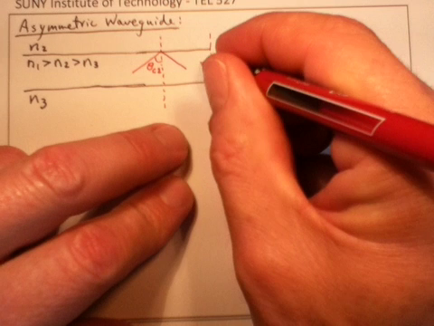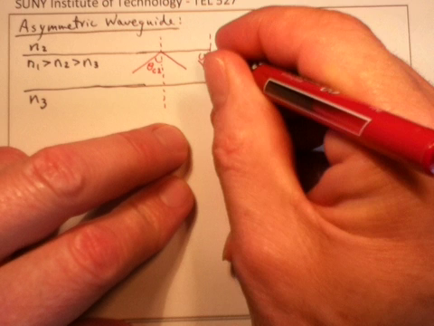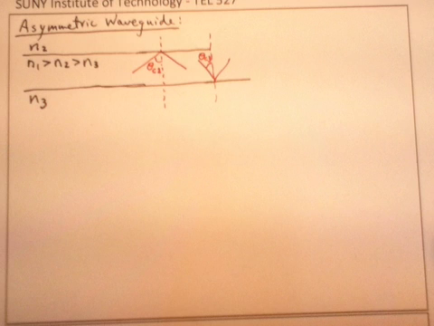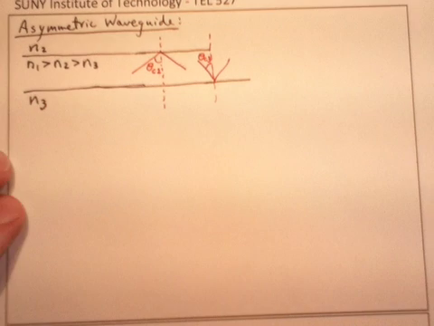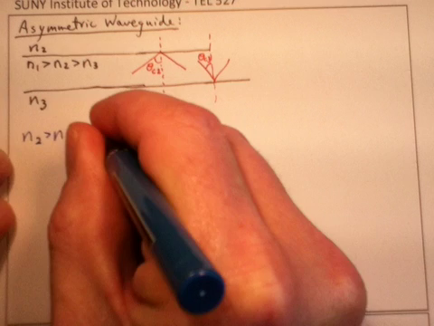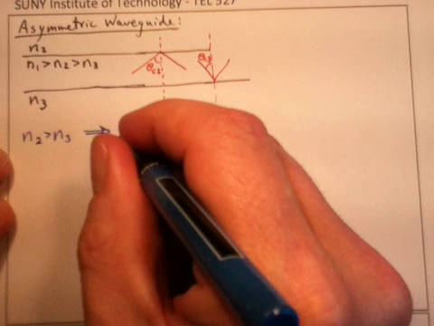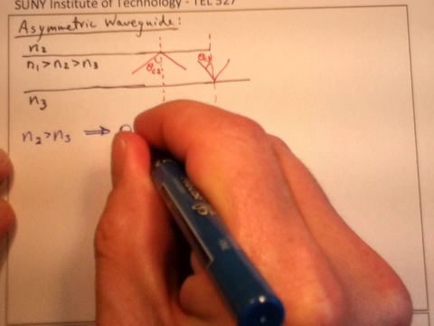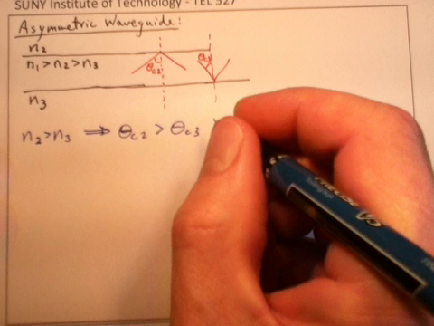So maybe we'll write it theta C3. In any case, the mathematics is that since n2 is greater than n3, this implies that theta critical 2 is greater than theta critical 3.